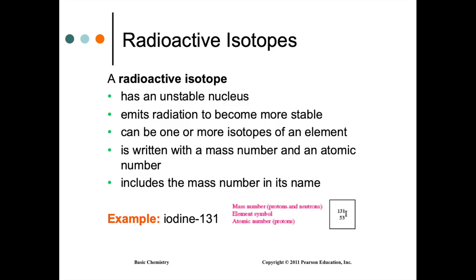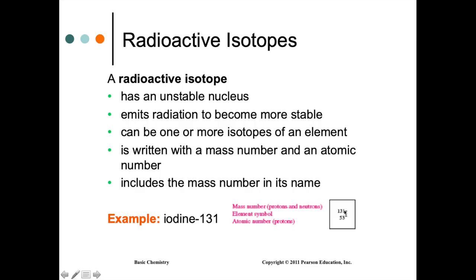Now, just a refresher from the last chapter, when we refer to a particular isotope, you want to say the name of the element and follow up with the mass number, so that you know you're talking about that isotope specifically. For example, over here, we have iodine with its atomic number of 53, which isn't as important because all iodine has the atomic number 53. But what's really interesting here is that mass number of 131.